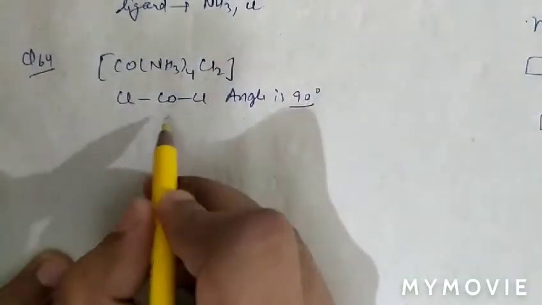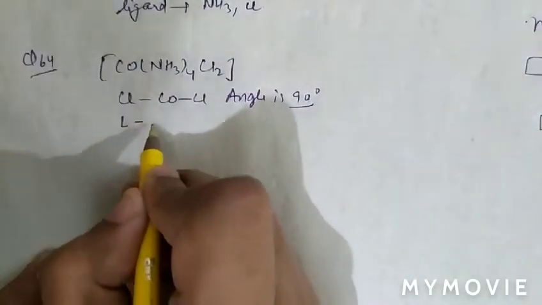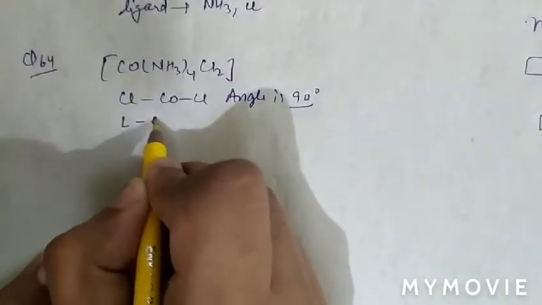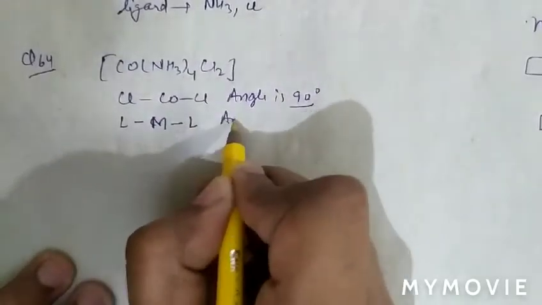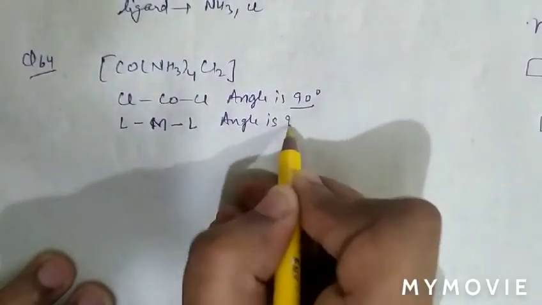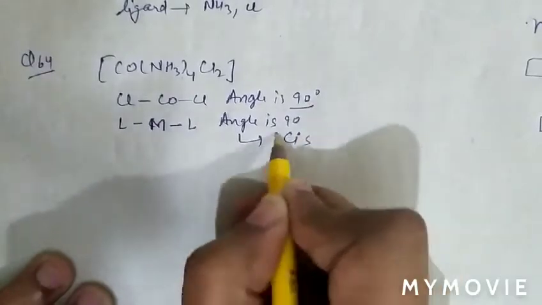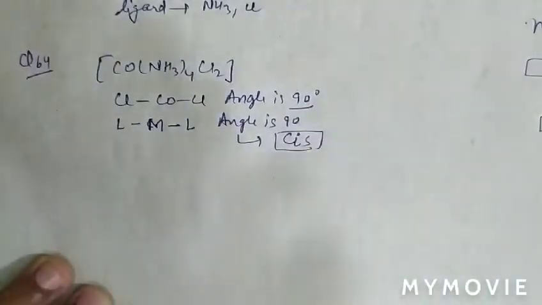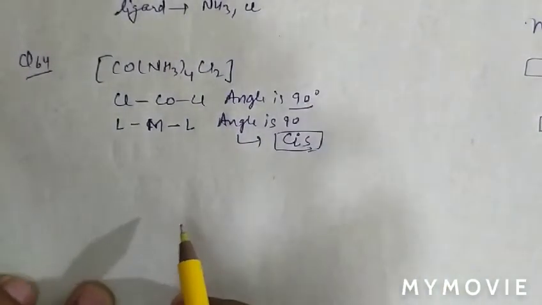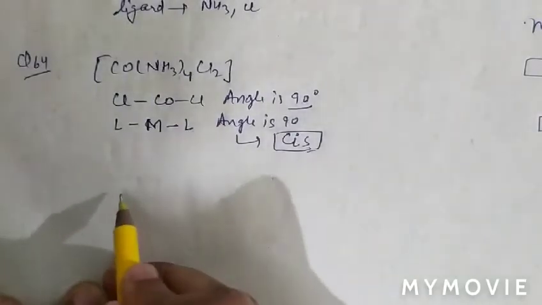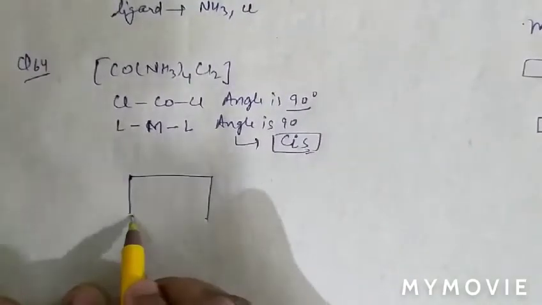As we can see, this is the ligand, central metal atom, and ligand. When the angle is 90 degrees, then the configuration will be cis. So for the geometrical isomer, it will be the cis configuration. So we will draw the cis configuration.